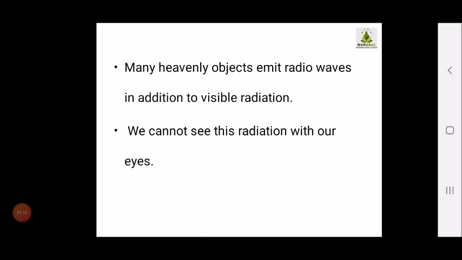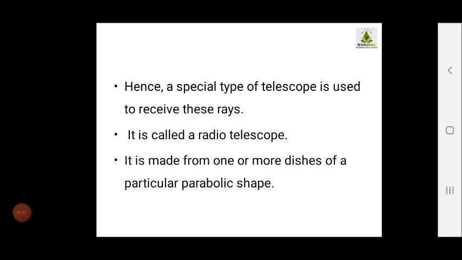As we have already discussed, some heavenly bodies emit radio waves in addition to visible radiation, and these are not visible to the eyes because they are radio waves. Hence, to observe them we have a special telescope known as a radio telescope.